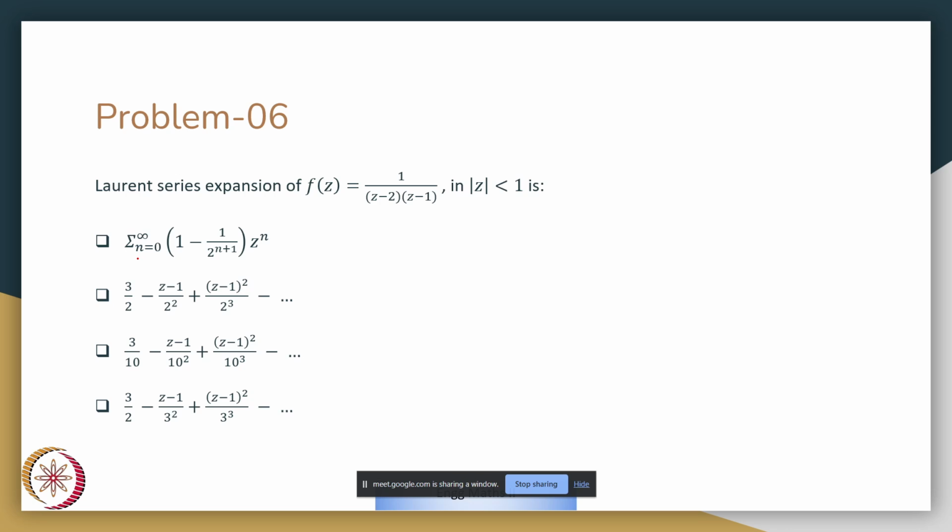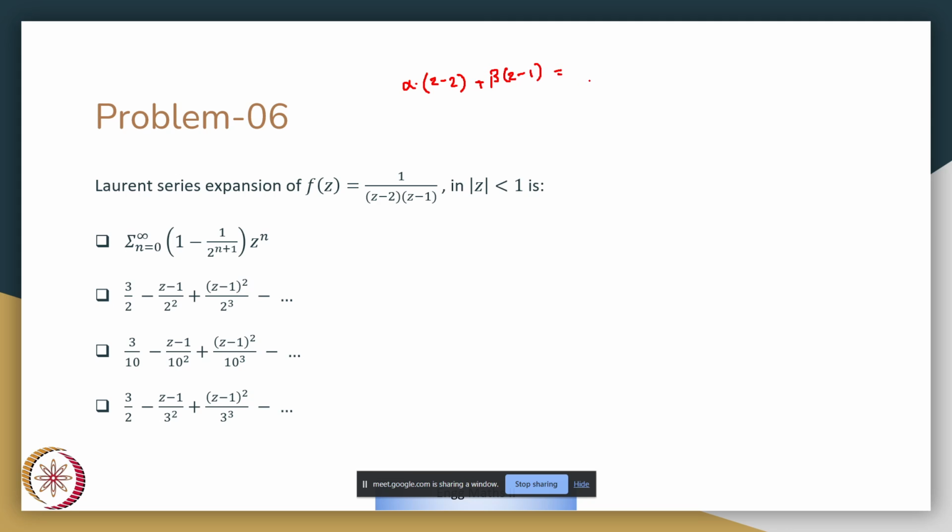Next, we want to write the Laurent series expansion of f of z equal to 1 upon (z minus 2)(z minus 1). Again, we will use partial fractions, alpha times (z minus 2) plus beta times (z minus 1).